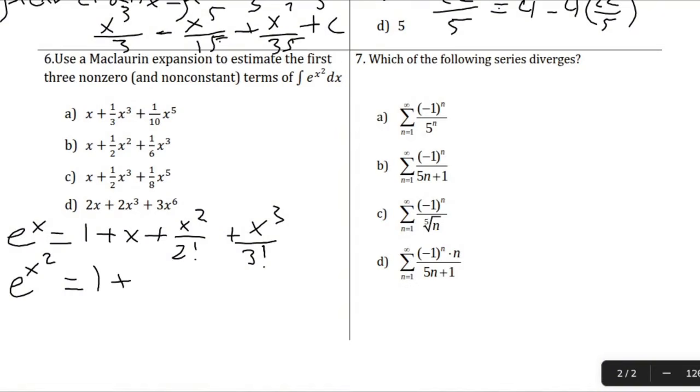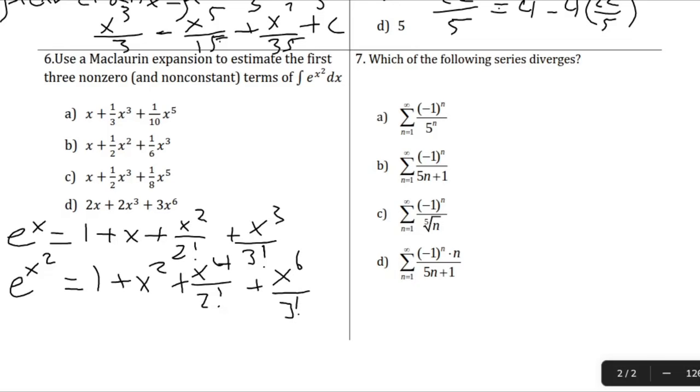And then when we substitute x squared for this x here, it doesn't become x cubed, it stays as x squared. And then we just keep plugging in for x here. So then we have x squared to the 2, which becomes x to the 4th over 2 factorial, plus, and then we have x to the 3rd, we plug in x squared, we get x to the 6th over 3 factorial.